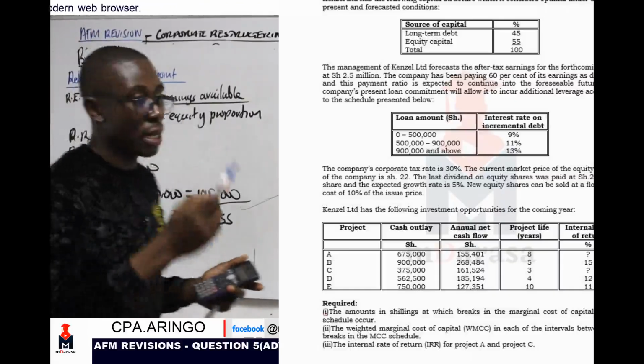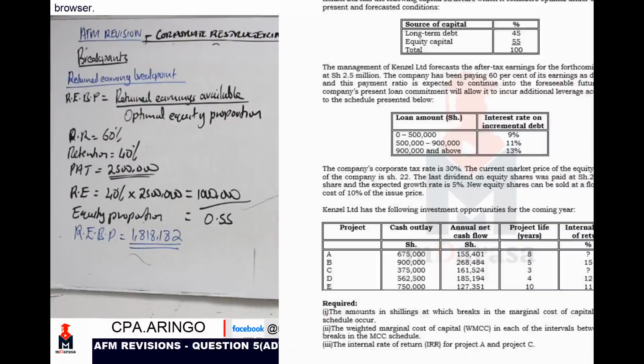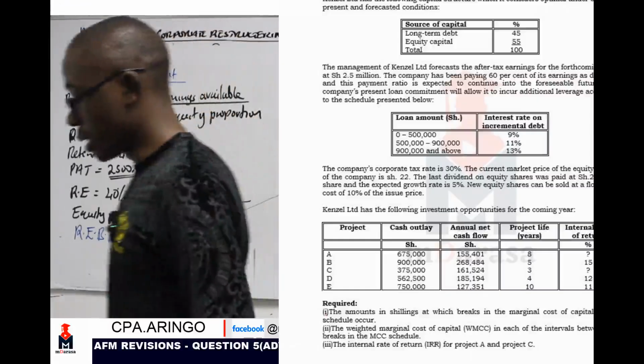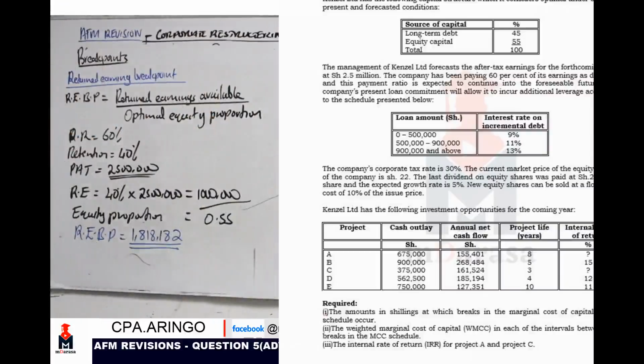So that will be our breakpoint when it comes to retained earnings. This is the maximum you can have at that point, combined. Having that case, we proceed to the other bit, which was debt.